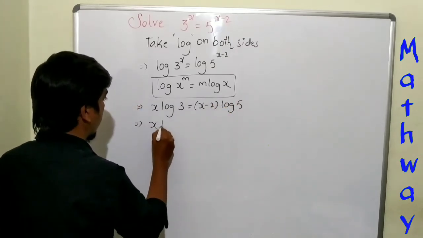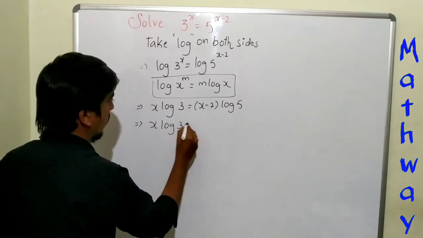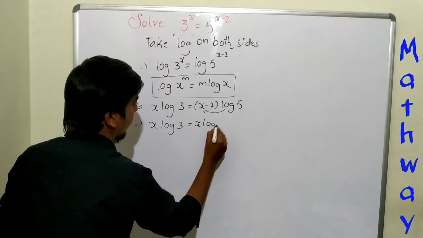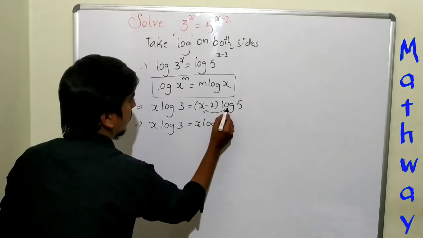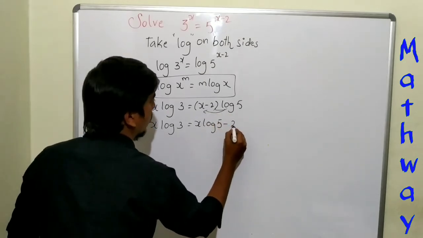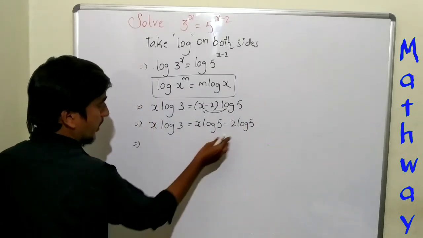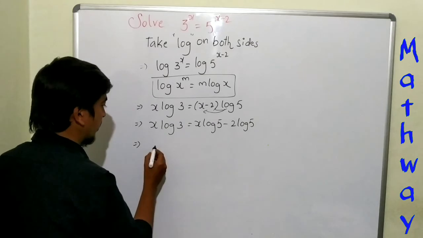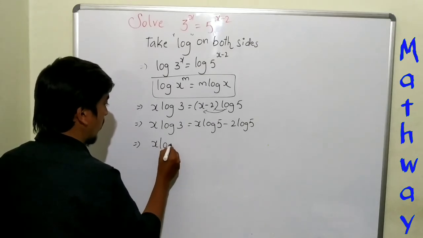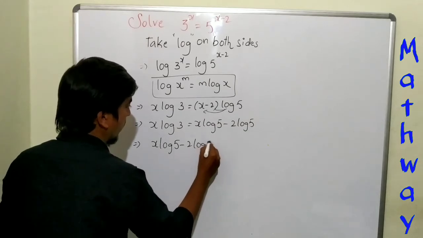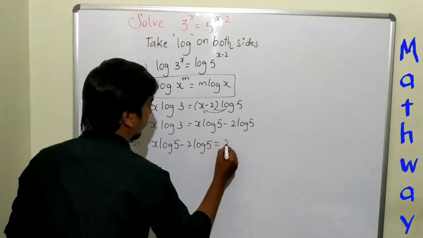So it is x log 3 equals to x log 5 minus log 5 into 2, it is 2 log 5. Just I am rearranging the terms, writing the RHS terms in the LHS side. We get x log 5 minus 2 log 5 equals to x log 3.